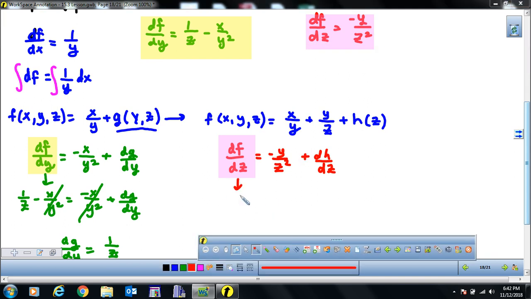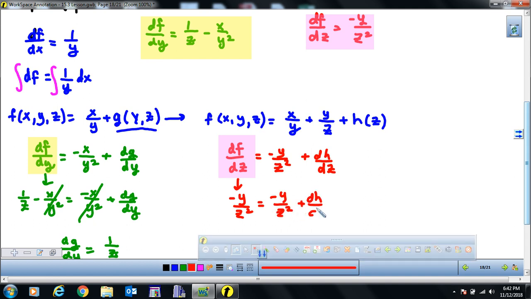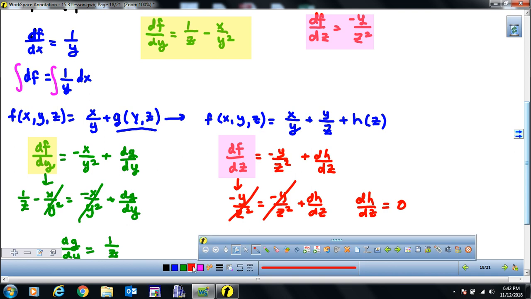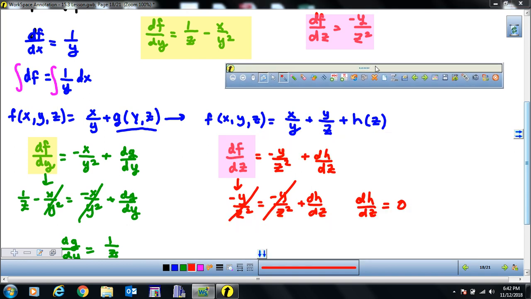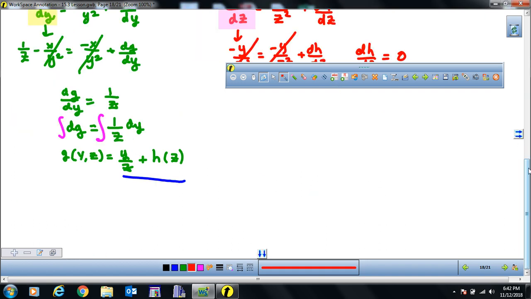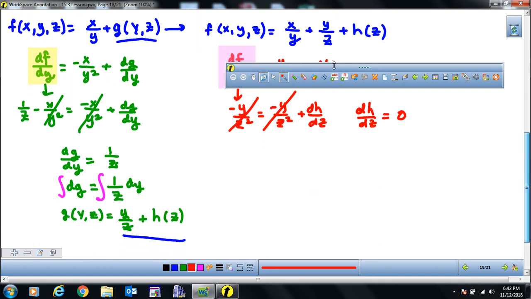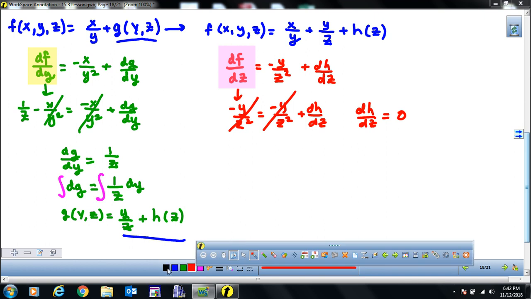The derivative of the potential function with respect to z equals negative y over z squared, which equals negative y over z squared plus dh over dz. So that means that dh over dz equals 0. Right? So this function h is not a function of z, meaning that it will be just a constant value.